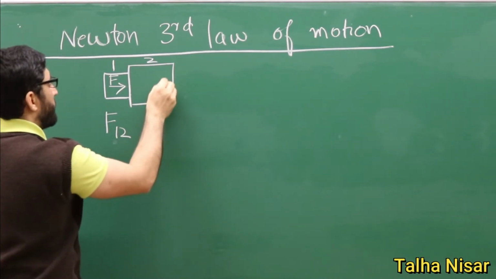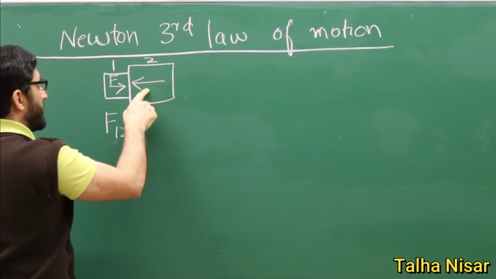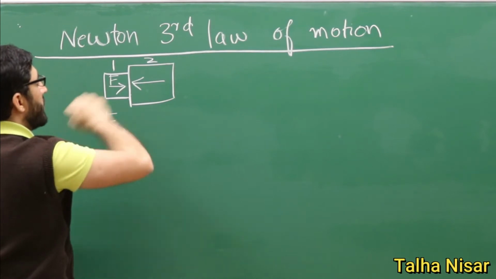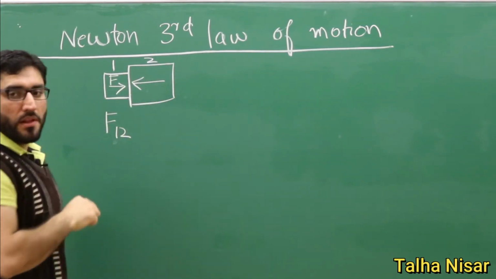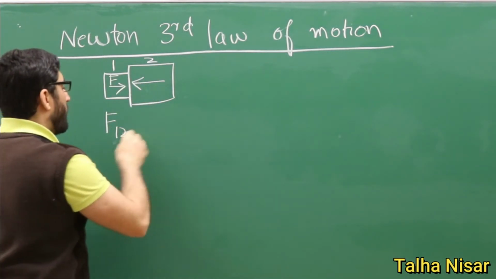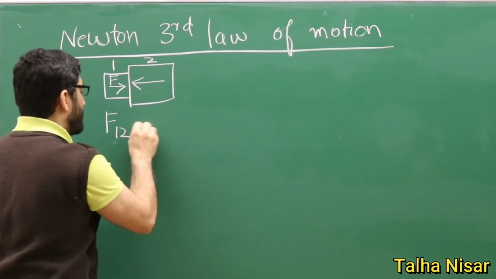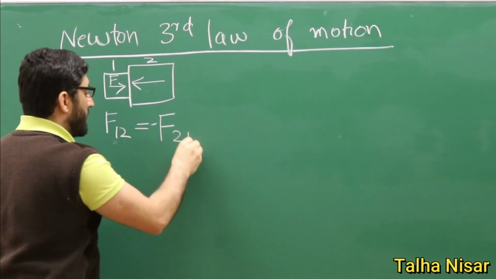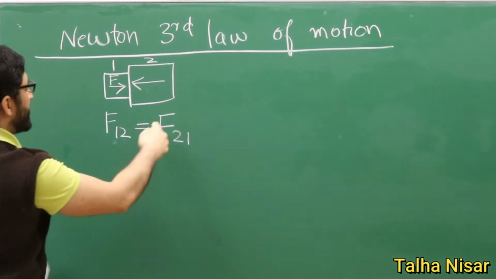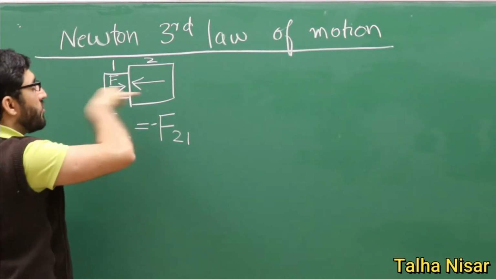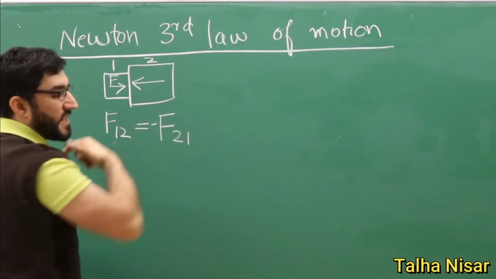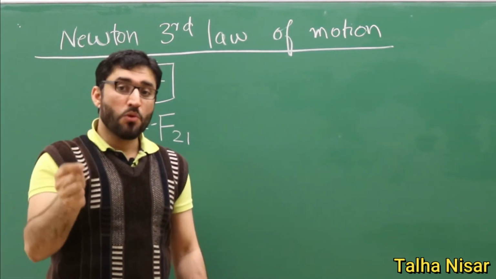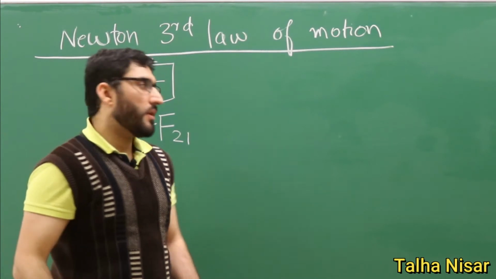According to Newton's third law, object 2 will also apply the same force in the opposite direction. So this will equal F minus 2,1. The minus sign represents that this force is in the opposite direction, with equal magnitude.